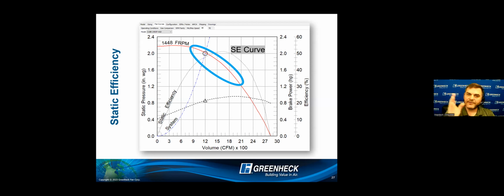So if our system resistance line ends up crossing our 1448 fan RPM curve anywhere inside that blue circle, I am really at the top end of this fan's performance, its efficiency, its capabilities. Even though if I have a bunch more or less static pressure, that curve could go all the way outside of that blue bubble, and I could be operating in a less efficient area. The fan will move it, just not as efficiently.